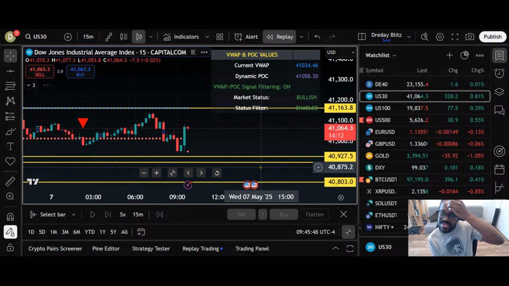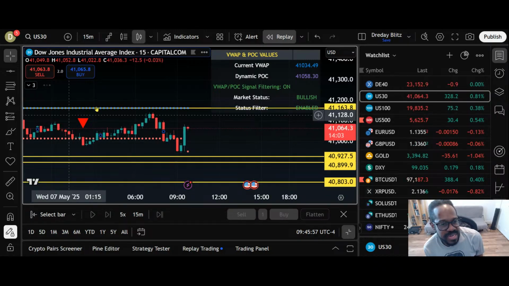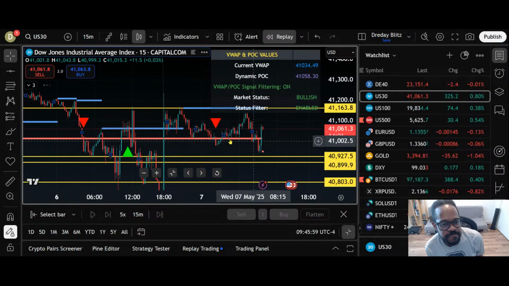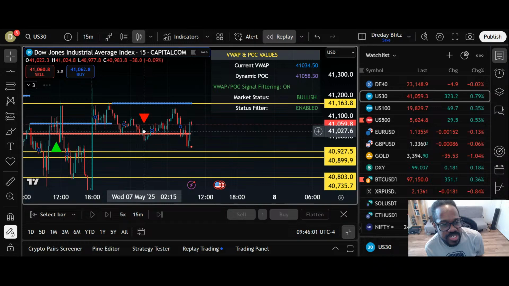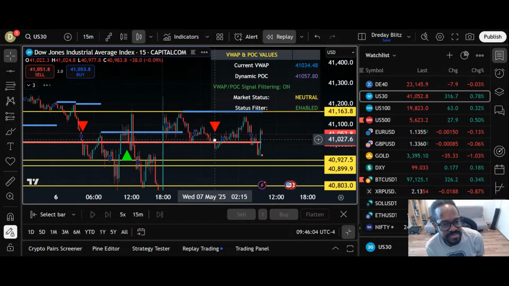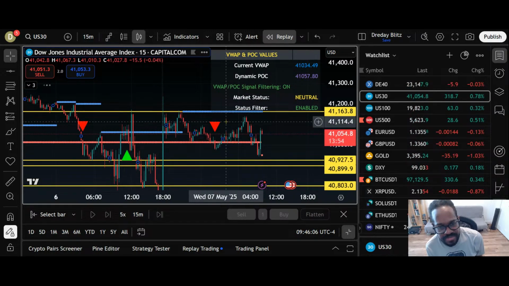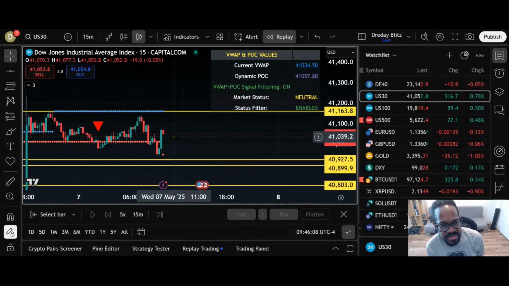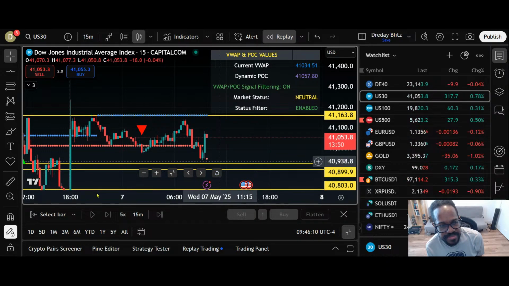All right, so US 30 here switched bullish. So we're waiting here for the next bullish signal because the last one was a sell. So that means that this move here invalidated.